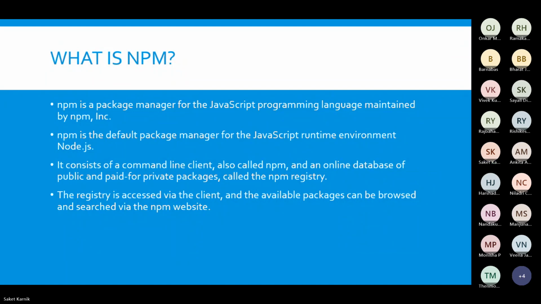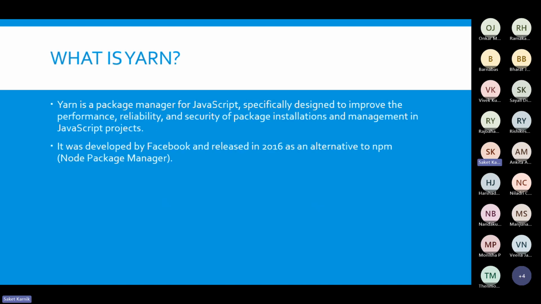CLI is good when you are sure which package you are looking to install, and which version. If you want to see the description or other details, it's recommended to go to the NPM official website and find out more about the package that you're targeting.